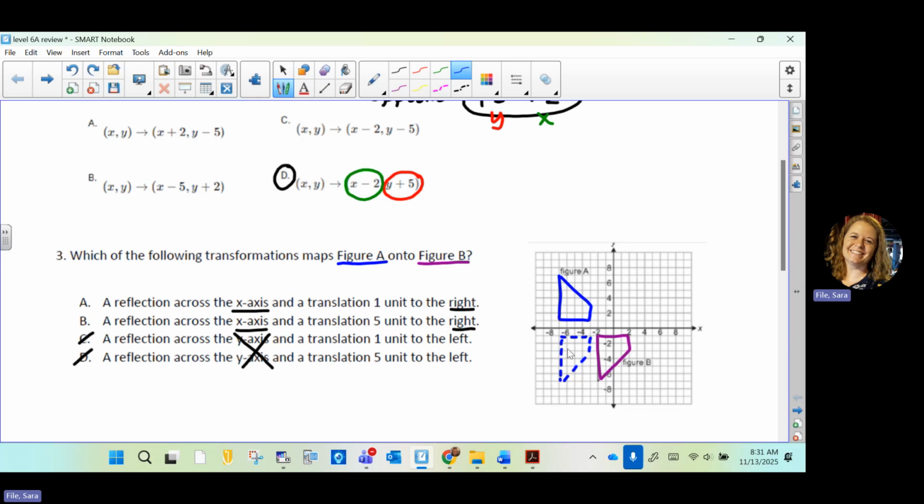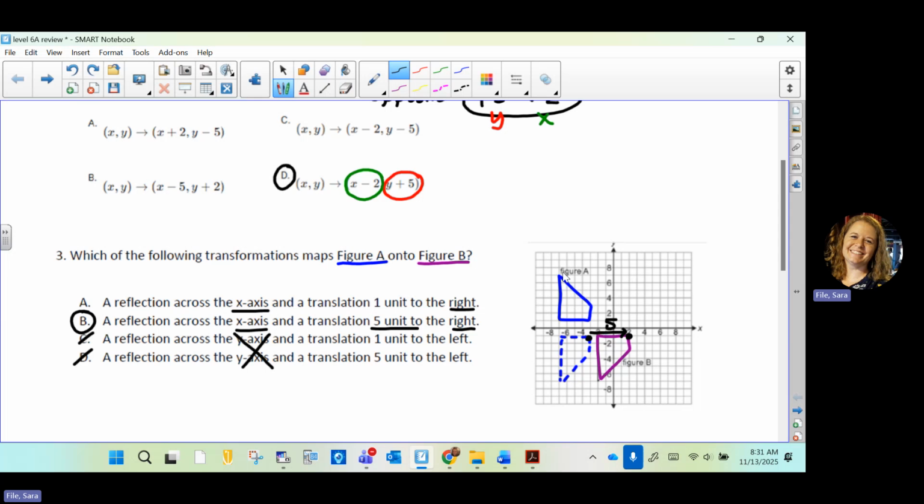Is that shifted over just one? Does this point correspond to this point? No, this corner here would correspond to this corner. I have to go all the way over. That's 5 units.